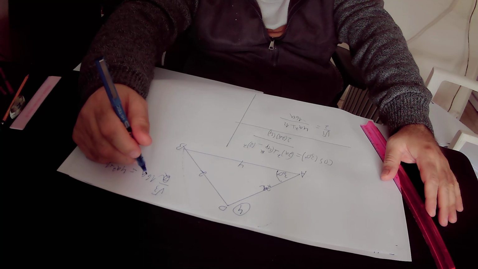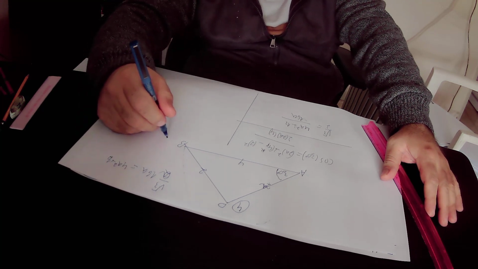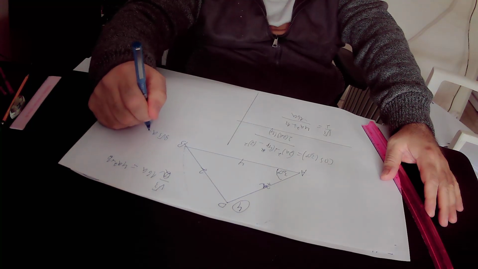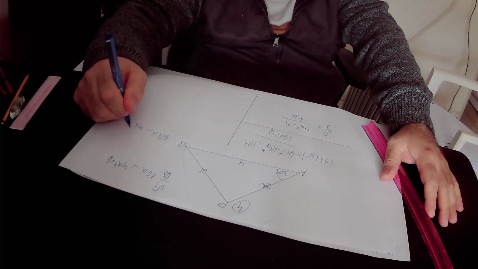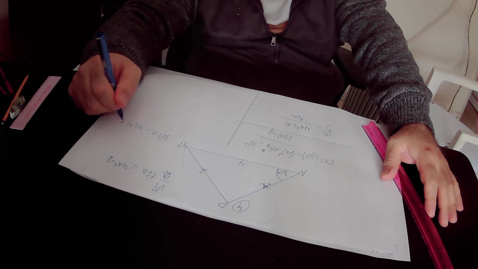Here 16 over 2 is 8. So we get that 8 times square root of 3 times a equals 4a squared plus 12.